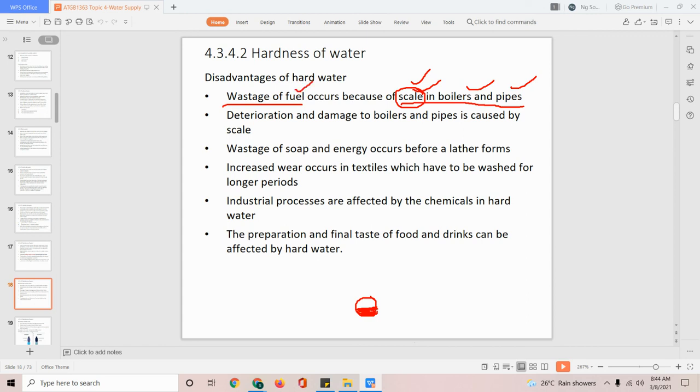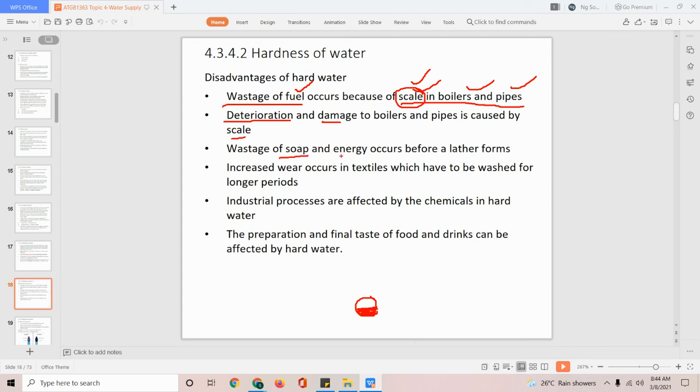So we waste fuel, or we are wasting energy, because the pipe is not doing the maximum transfer. You can also have deterioration and damage due to the scale.